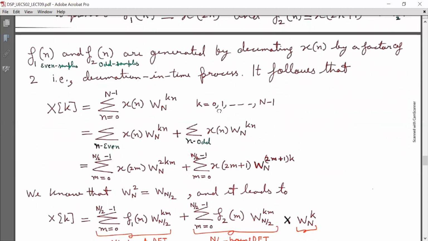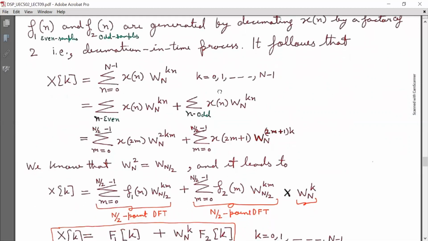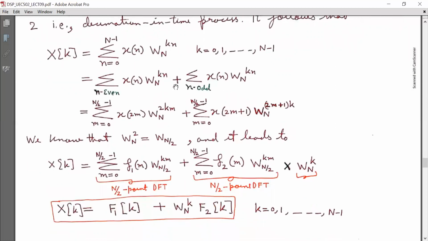It follows that X(k) is equal to the summation n running from 0 to N minus 1 of x(n) W raised to power kn, k running from 0 to N minus 1. So what we do, we divide it into even samples and odd samples. There are two summations.